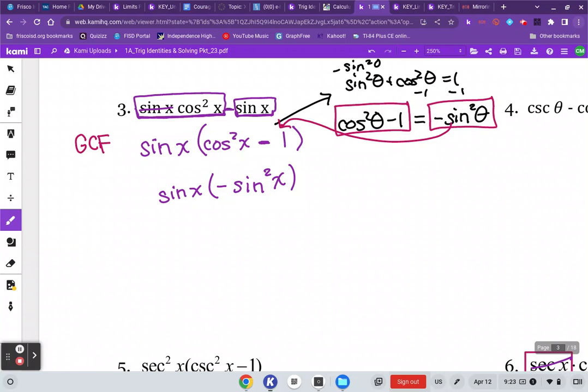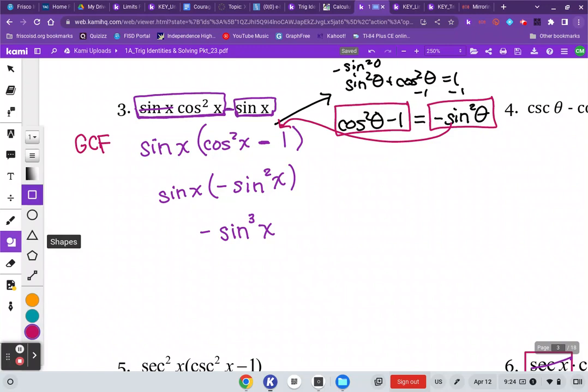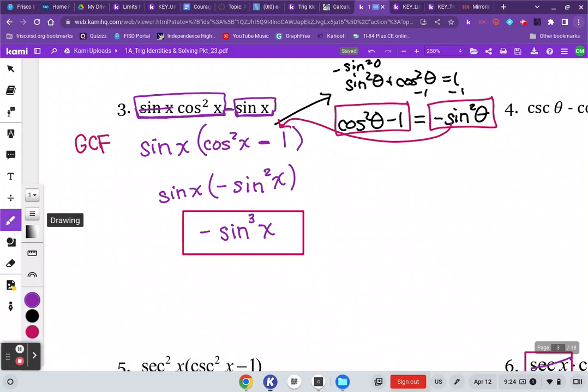So I just need to do that multiplication. Sine times sine squared is going to give me, take a guess, sine to the third. Okay, all done. You can know for sure that you're finished when you are left with just one trig function, one term.